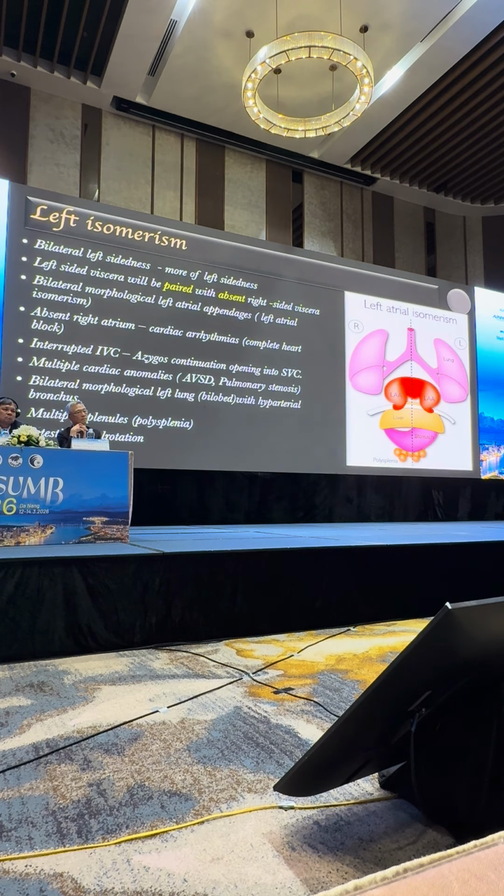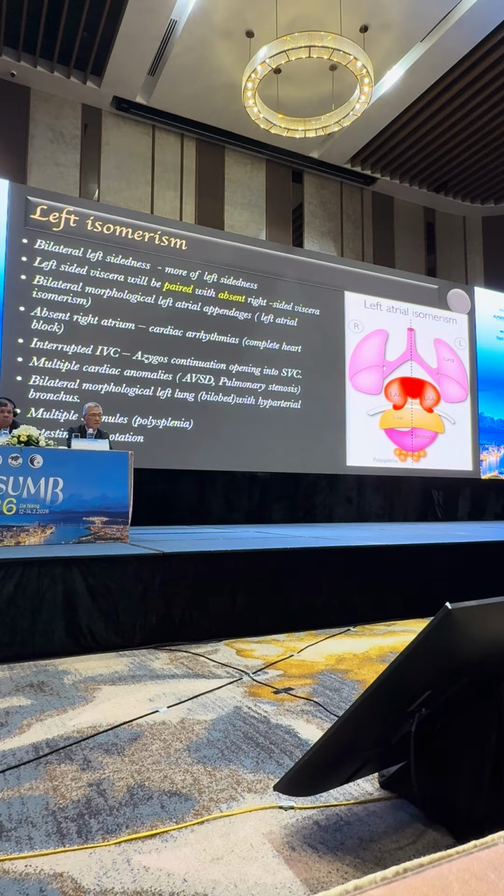Not only that, because of the left-sidedness, the inferior vena cava, which is on the right side, will be absent, but the distal systemic venous return is taken over by the azygos continuation. That is, the azygos opens up and drains the distal systemic venous circulation into the right atrium. So it will be interrupted IVC with azygos continuation.